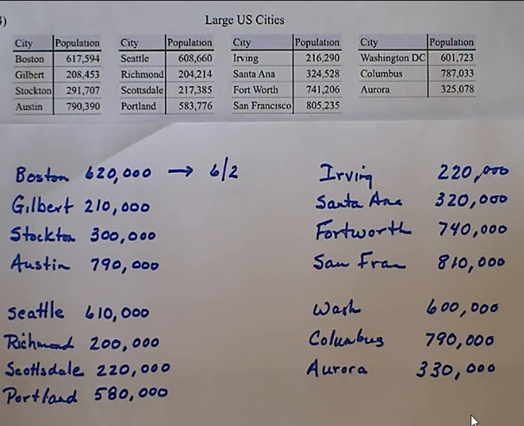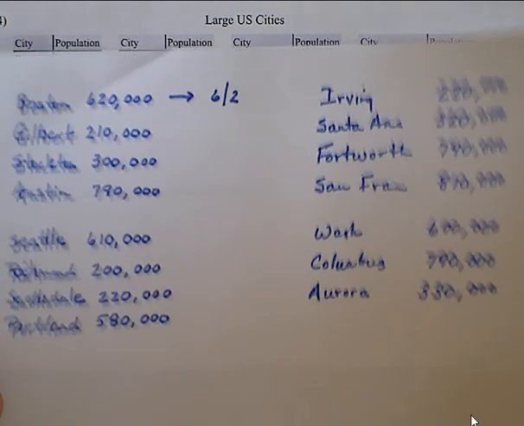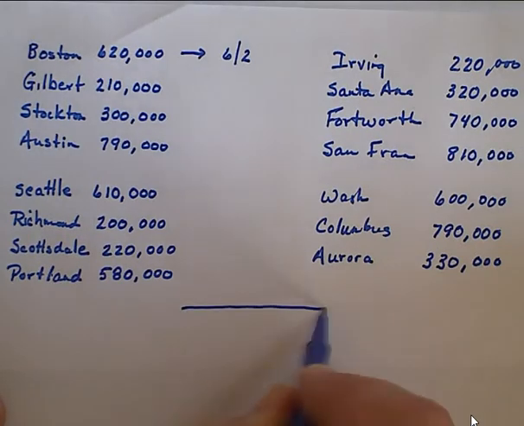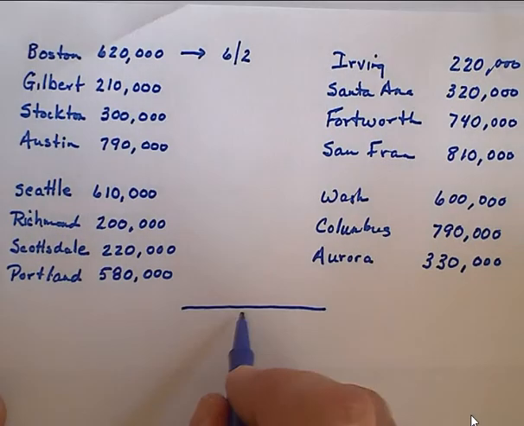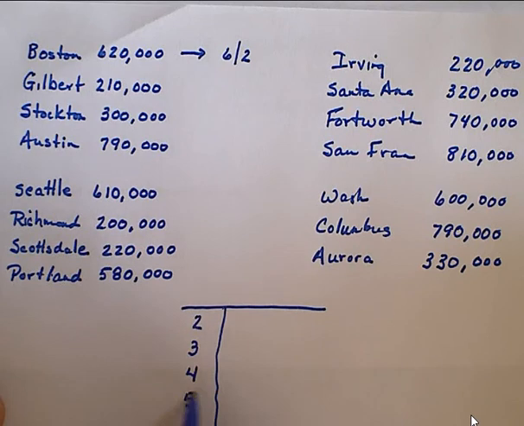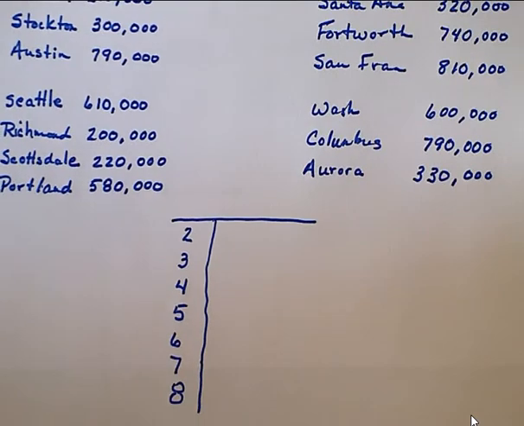So when I sketch out my stem and leaf now, make this bar. Here's my stem: 2, 3, 4, 5, 6, 7, 8. And now I can start counting them out here.